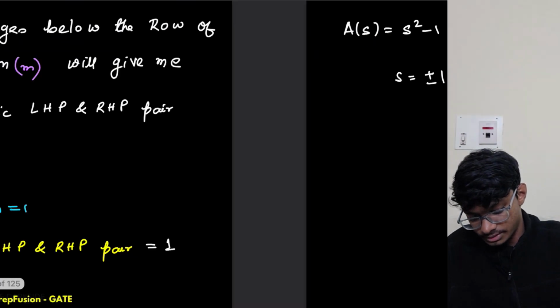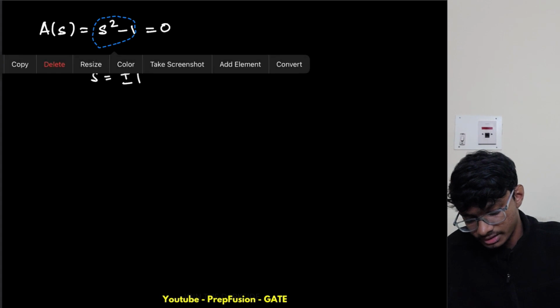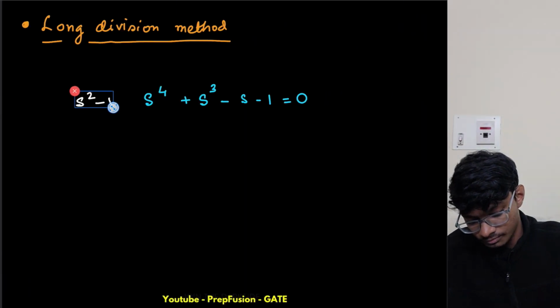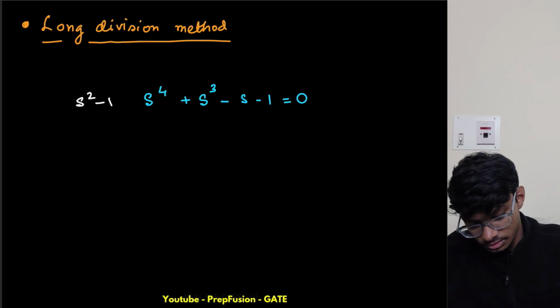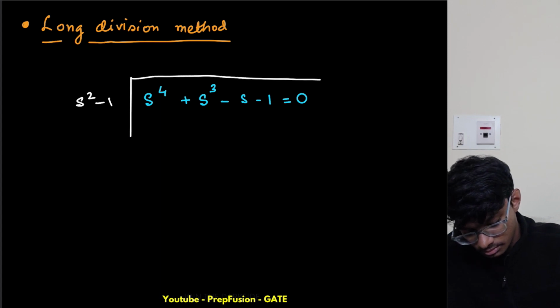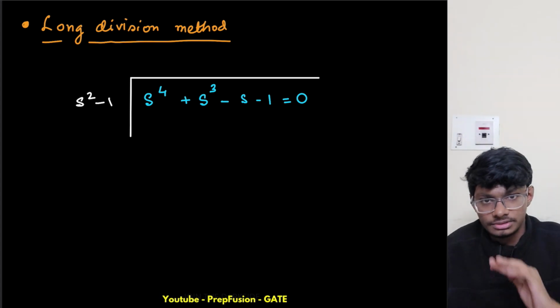This one is my dividend and this one is my divisor. I will divide by the auxiliary equation to find the other roots. This factor is already here, but I need the other factors also. Let's do the long division.